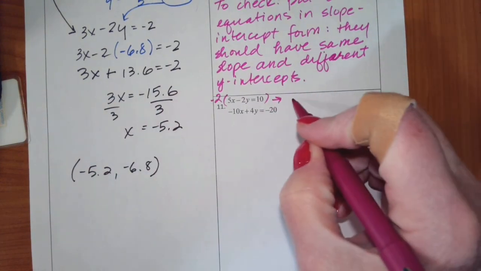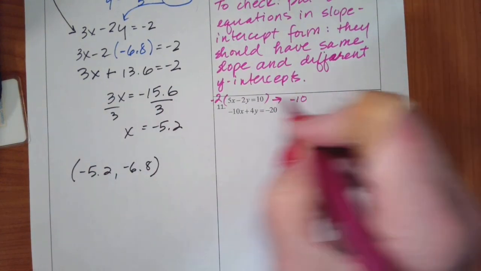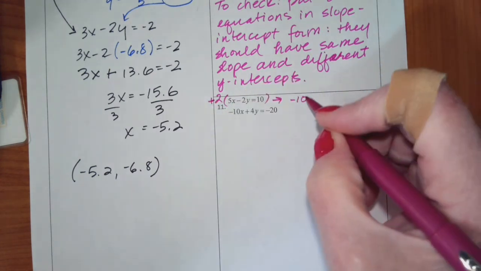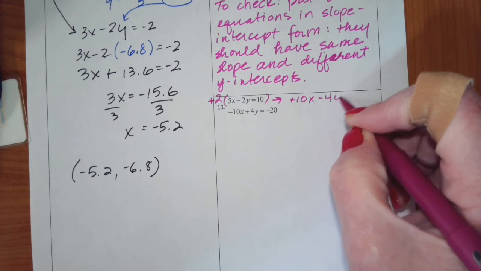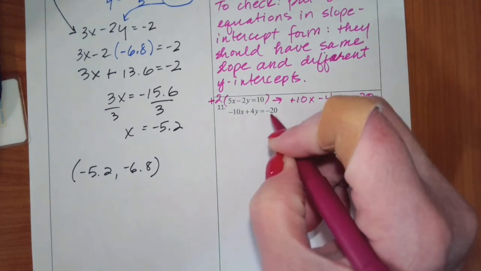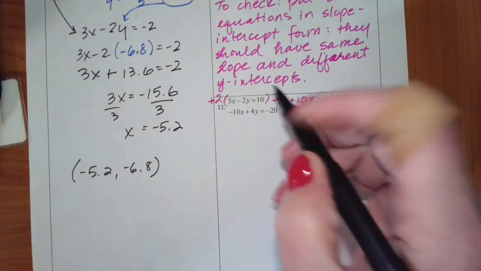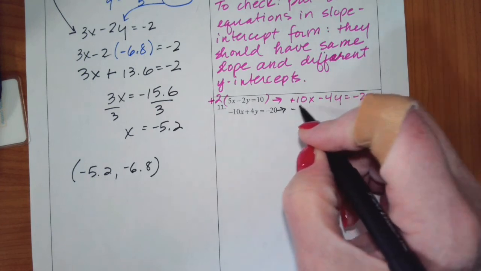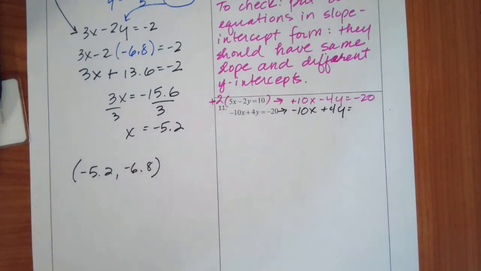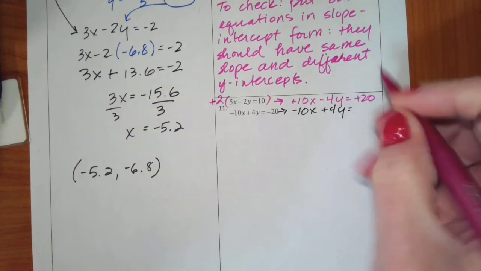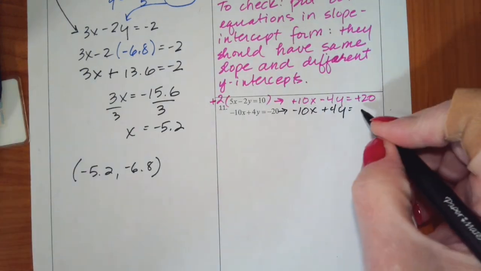So that becomes positive 10x minus 4y equals positive 20. I didn't do anything to this one, so this is negative 10x plus 4y equals negative 20.